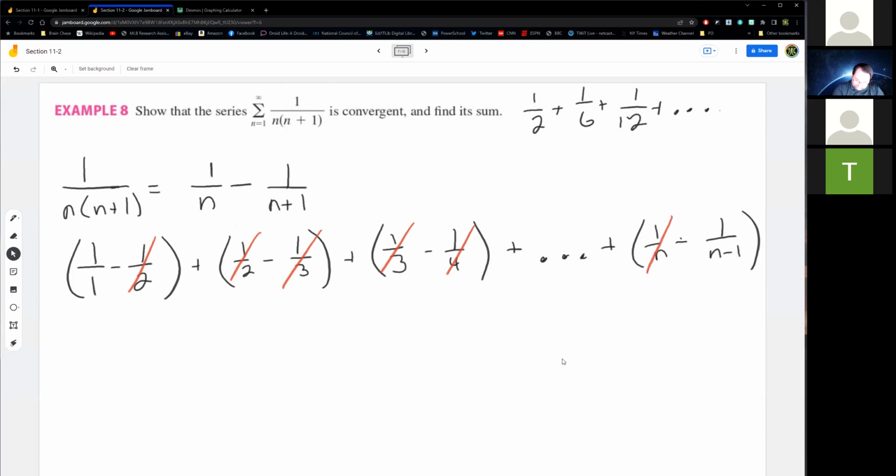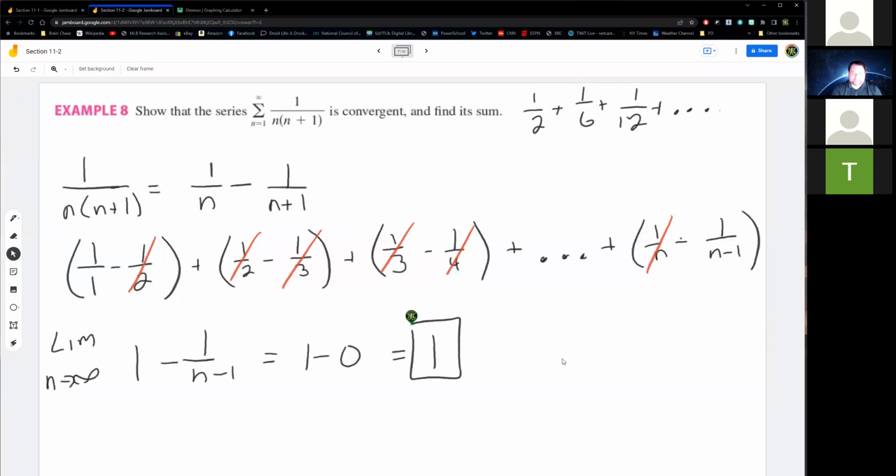So this whole process goes down to 1 minus 1 over n plus 1. So if I look at the limit as n goes to infinity, I get 1 minus 0, which is 1. So the series converges to 1.